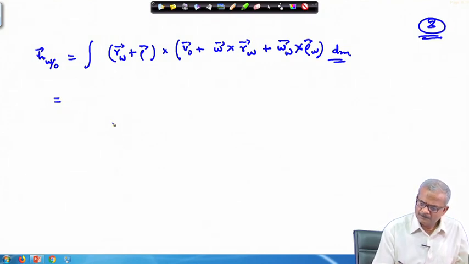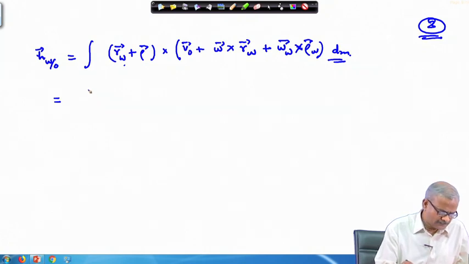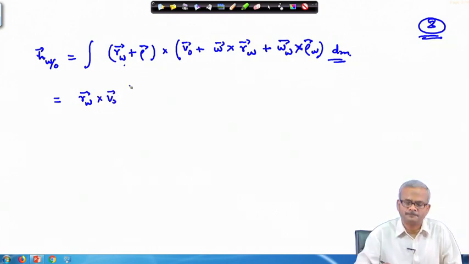Now, for working out this we need to expand it and write the whole thing. So, one by one we can expand and work it out. The first one we get as r w cross v 0.